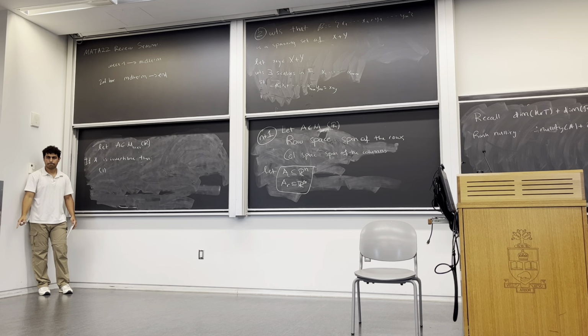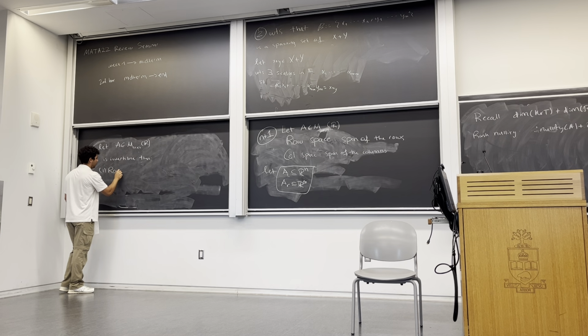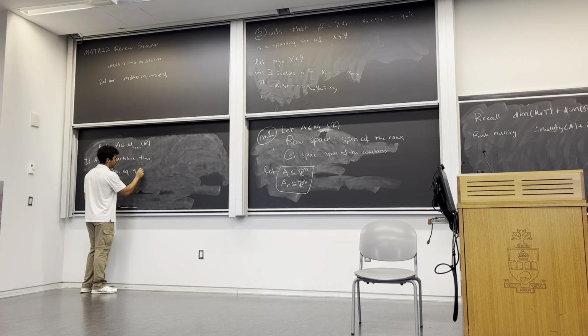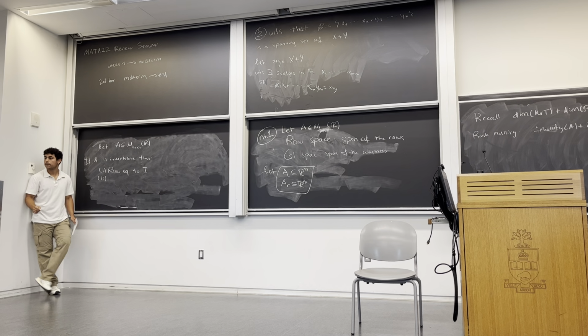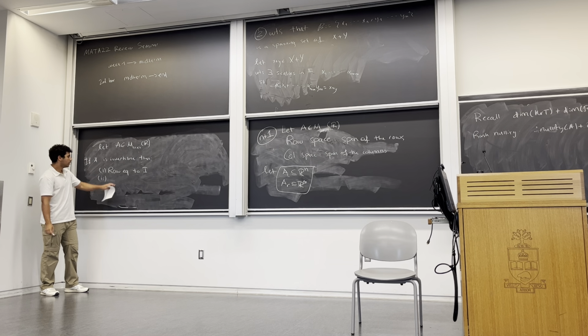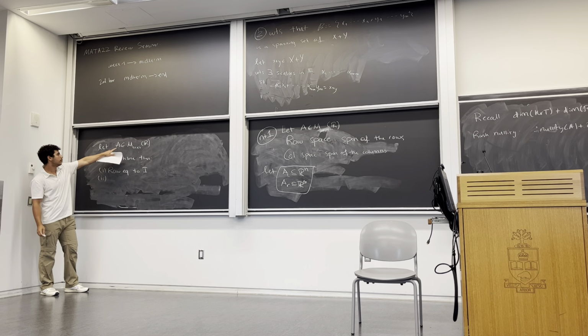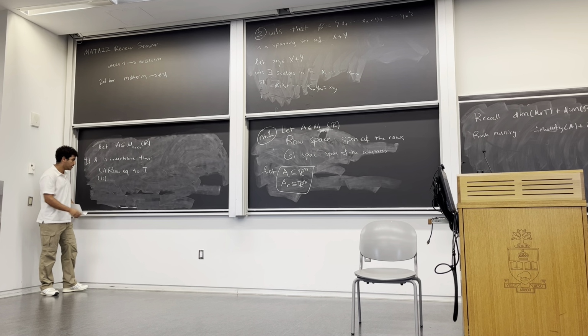Row equivalent to the identity matrix. Okay. Second one. It's bijective. Kind of the same thing as this, but you're saying we're talking about the matrix. Oh, the determinant is not 0. Yes.